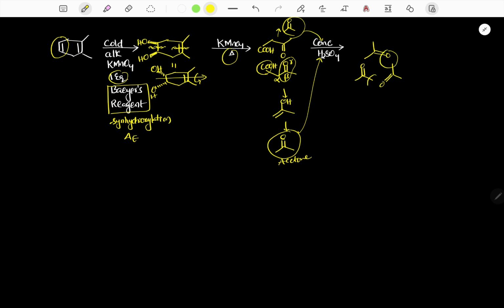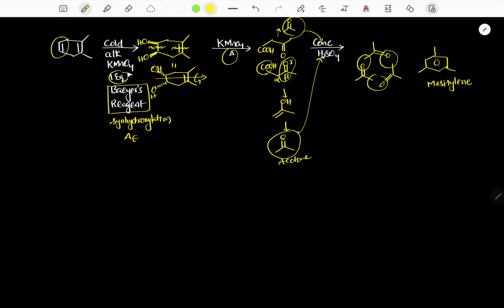Aldol condensation, aldol condensation, aldol condensation. Therefore finally we get the corresponding 1,3,5-trimethylbenzene, also known as mesitylene.